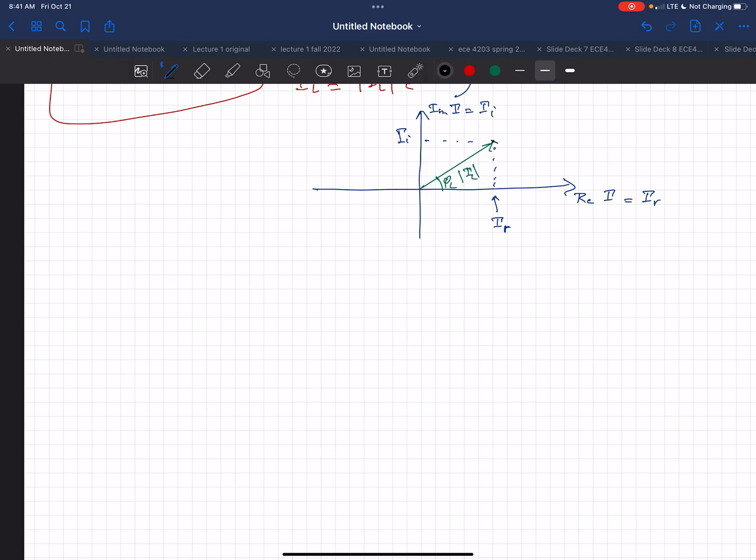So this is concept 3: all impedances in a Smith chart are normalized to z sub 0.